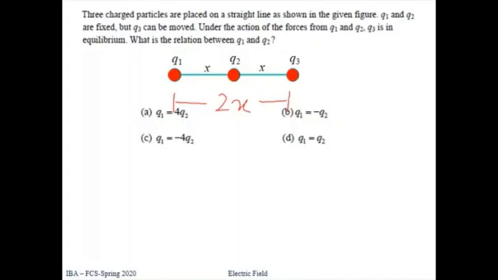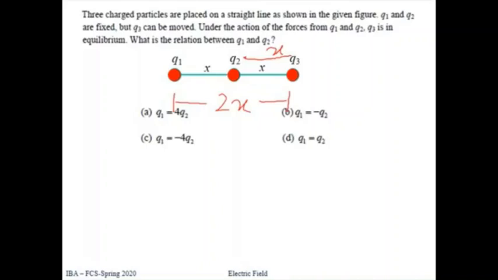The distance between Q2 and Q3, which is given here, is x. In order to find the force from Q1 to Q3 and Q2 to Q3, we just use Coulomb's law. But keep in mind, in order to keep Q3 in equilibrium, both forces from Q1 and Q2 must be equal to each other.